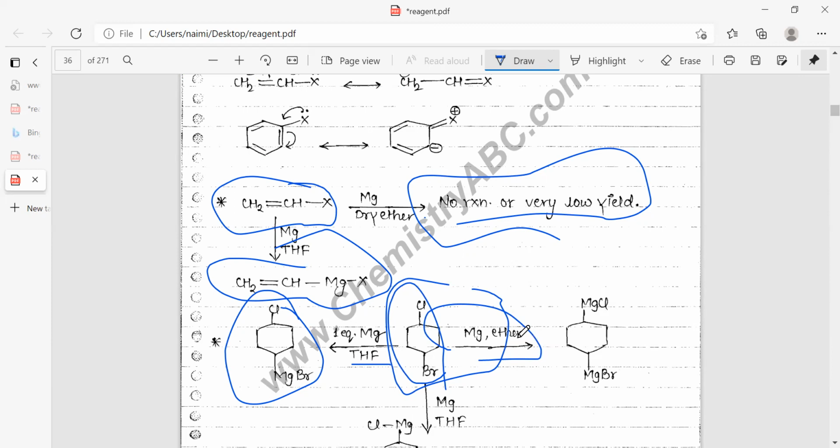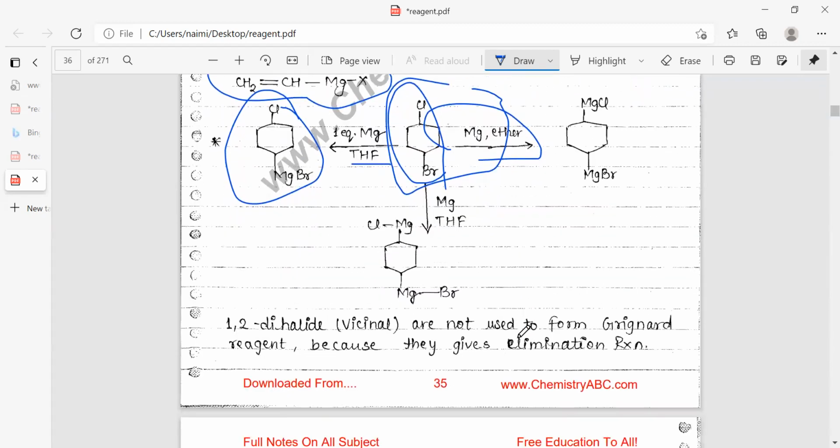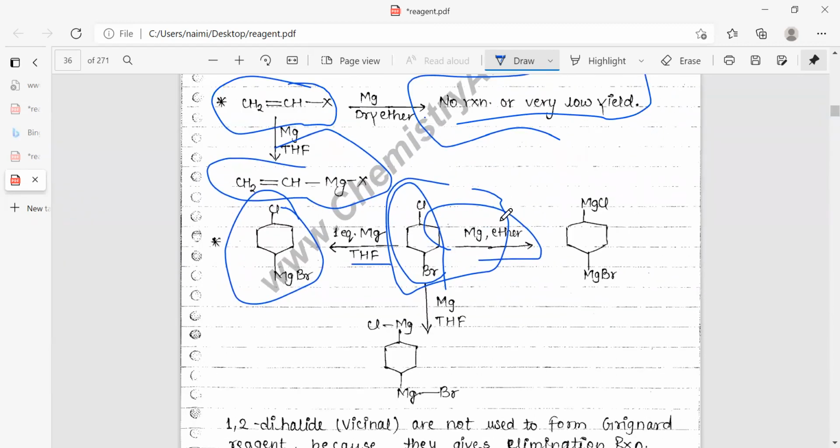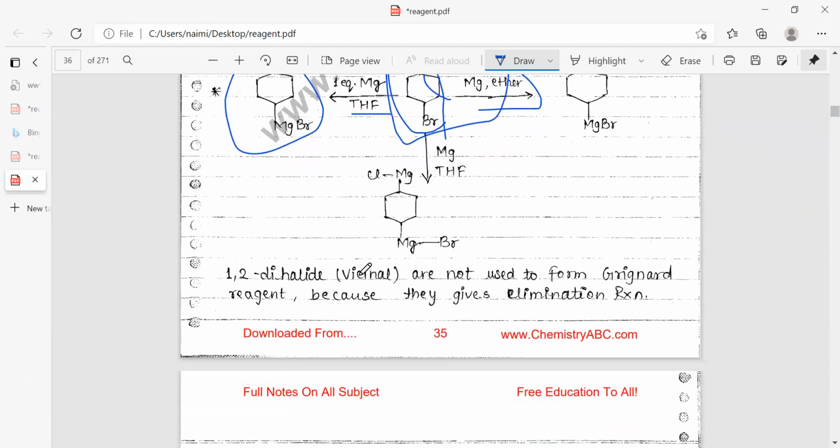So there is a difference when we use THF versus ether, and in both solvents the product formed will be different.